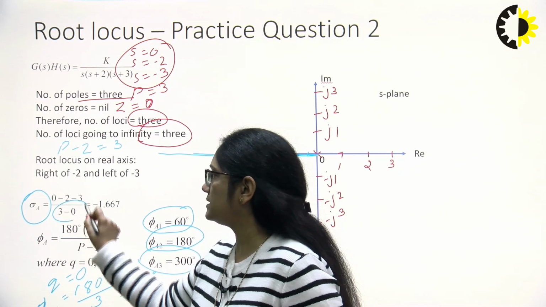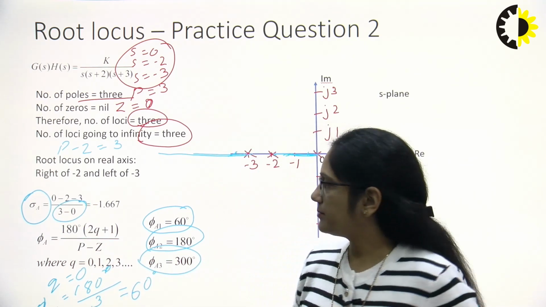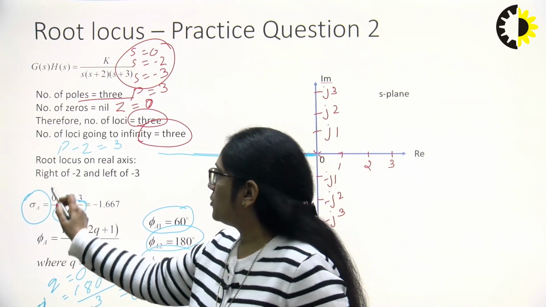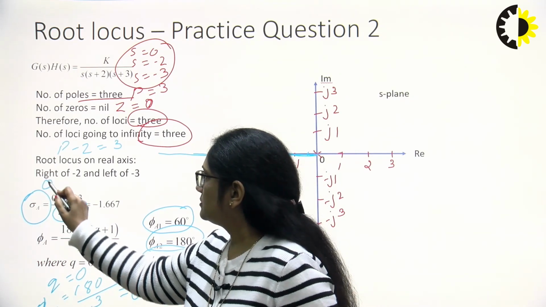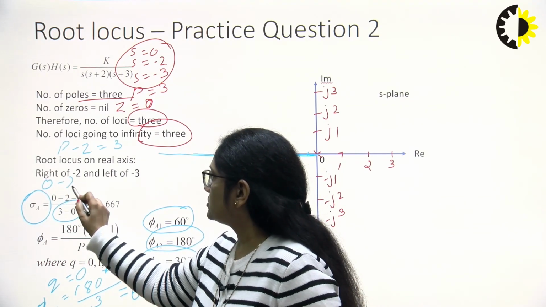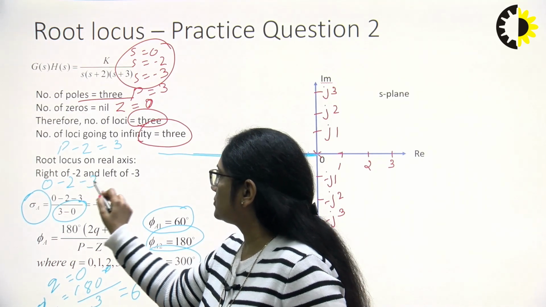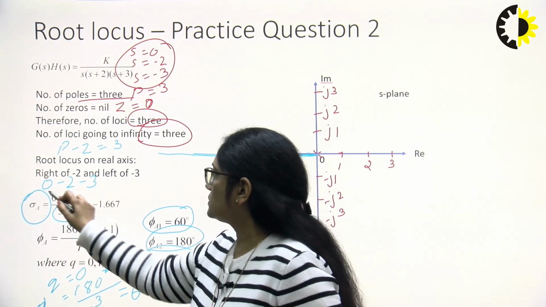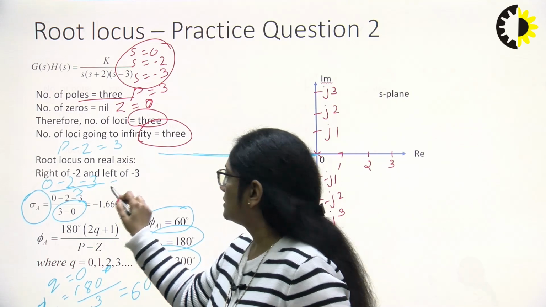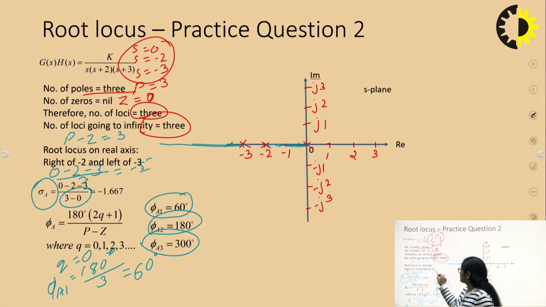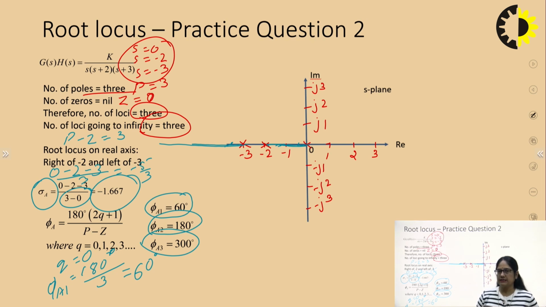So, sum of poles is 0 at the origin plus -2 plus -3, and there are no zeros, divided by 3. So, this is minus 5 by 3, which is minus 1.67. So, we can mark the centroid here as minus 1.67.